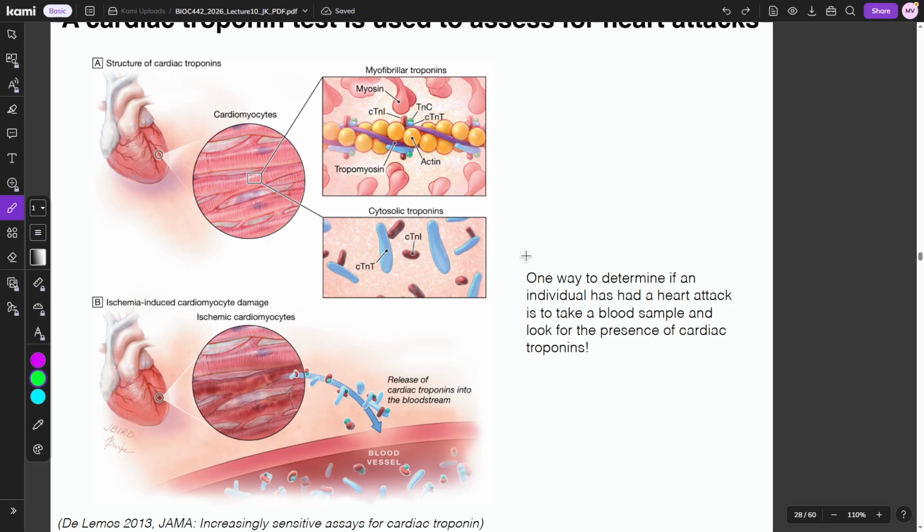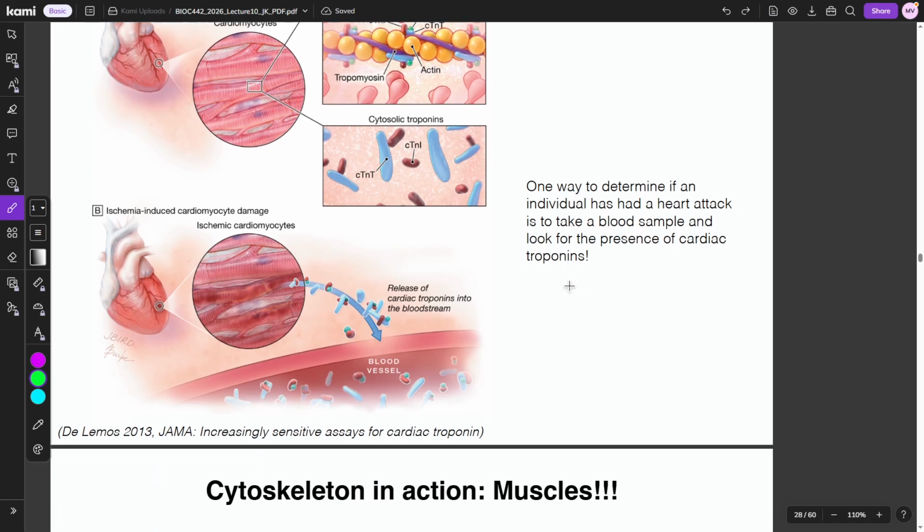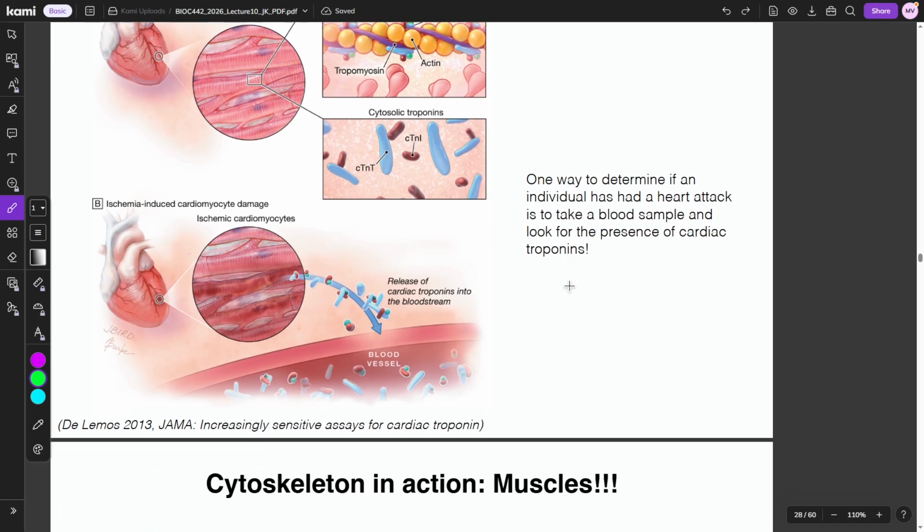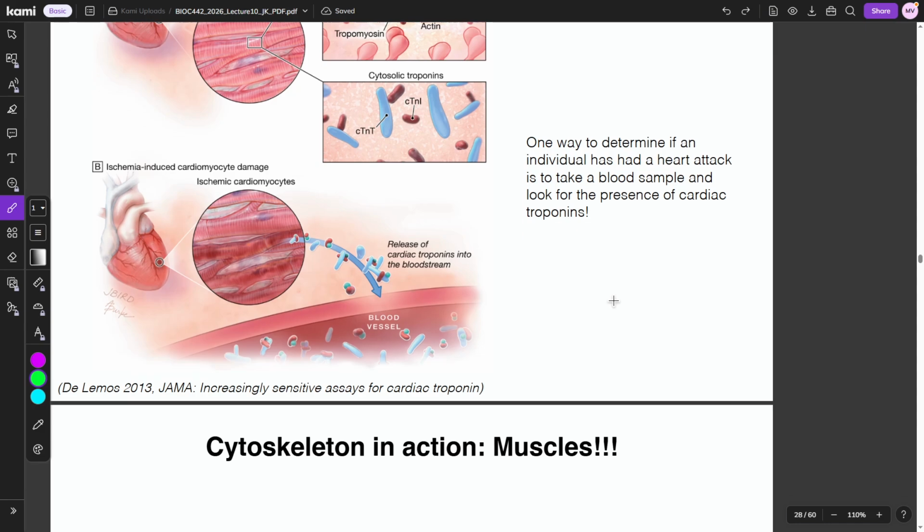When they burst, they release their contents into the blood, and so we can measure troponin content to see if there has been any bursting. Because again, troponin shouldn't just show up in the blood. So if the heart cells have burst, they release their troponin into the blood. You can track that troponin, and you can tell that they've had a heart attack.